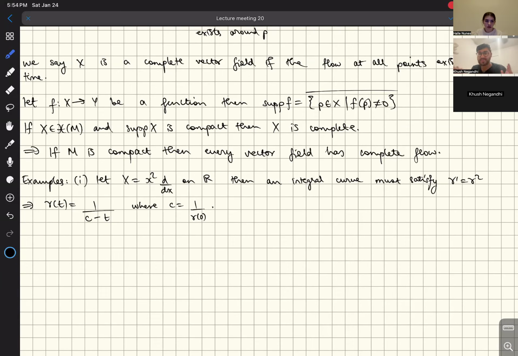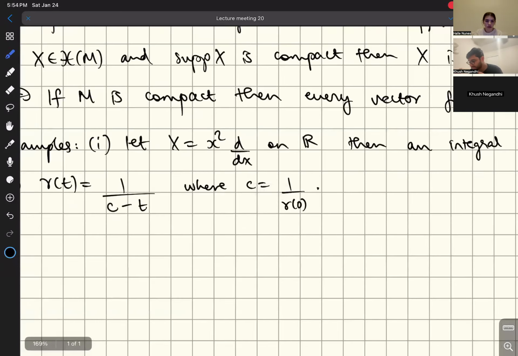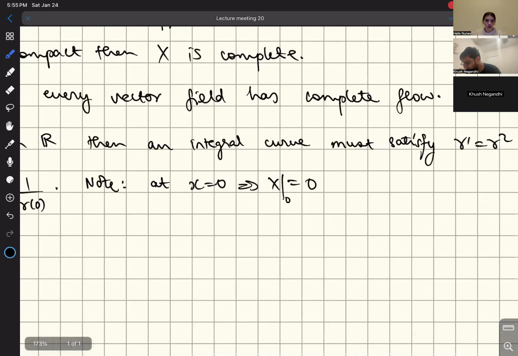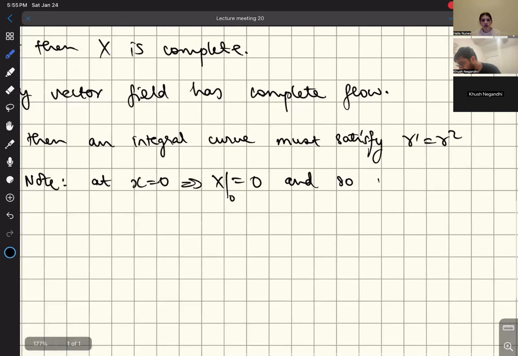So this means that you could have vector fields with incomplete flows. Actually, I misspoke. At the point 0, note this one thing: at x equals 0, X is the 0 vector field, and so it actually has complete flow at 0.